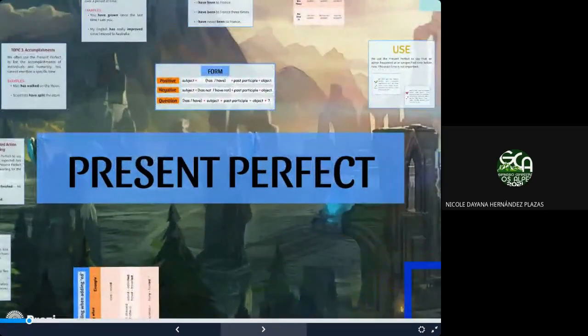We are going to begin with present perfect. What do you remember of that? Take a look at your notes. Tell me what it is. You have to use the have, an auxiliary verb, a helping verb, and also past participle verbs. Perfect. So you have helping verbs, have or has, taking into account the subject, don't forget that.